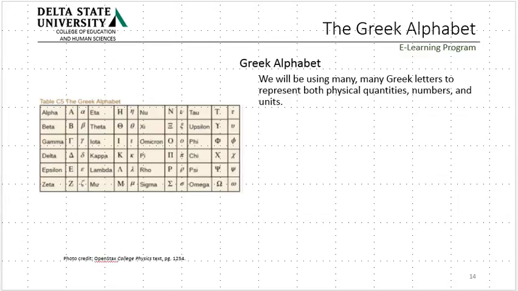Another thing that we use all the time in physics, and you really need to be aware of and be ready to recognize when we're doing this, we use the Greek alphabet. The reason we use the Greek alphabet is really simple. If we used our own alphabet, and by the way, the word alphabet comes from alpha, beta.